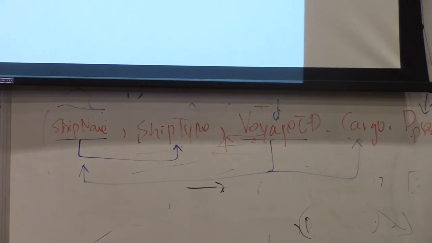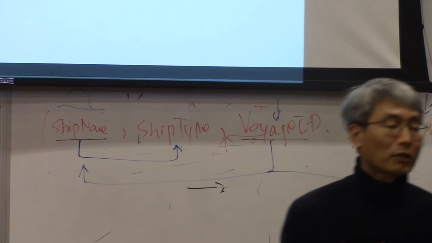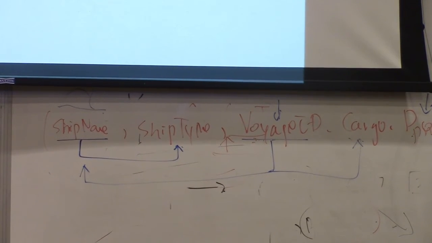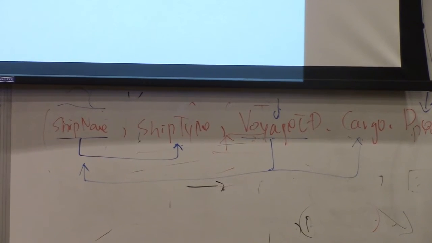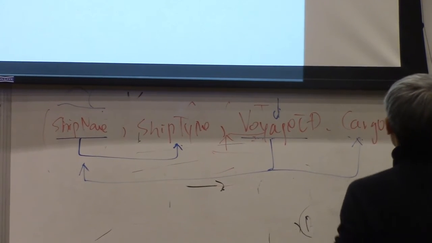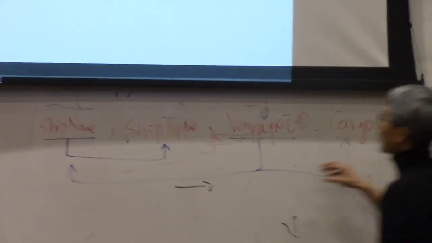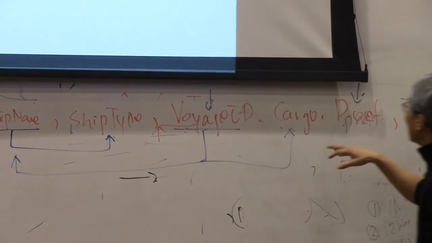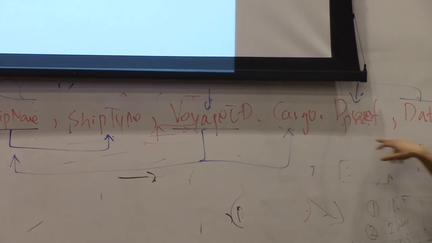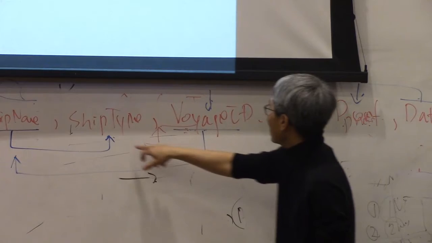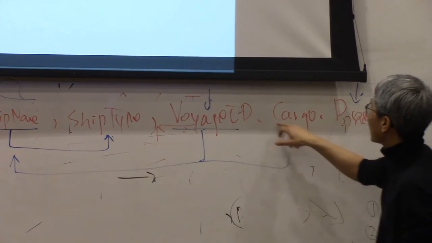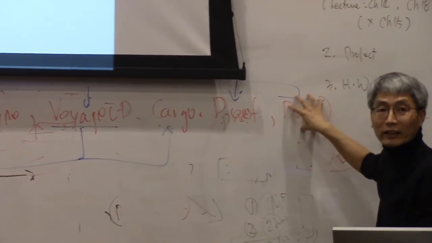Okay. So in this case, we identified three functional dependencies. What can be the key attribute, the prime attribute in this case? The candidate key should determine all the other attributes. So for example, if you know the ship name and the voyage ID, the ship name determines ship type, and voyage ID determines cargo. But to determine the port, we need the date, right?